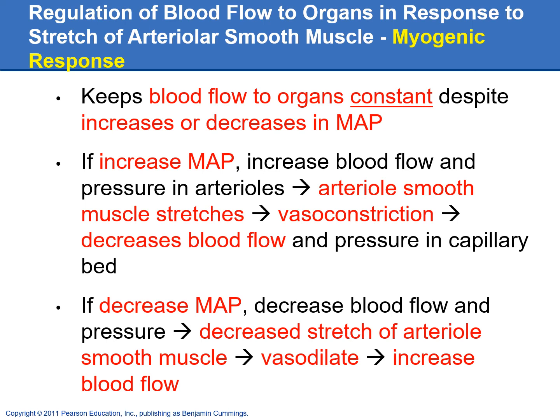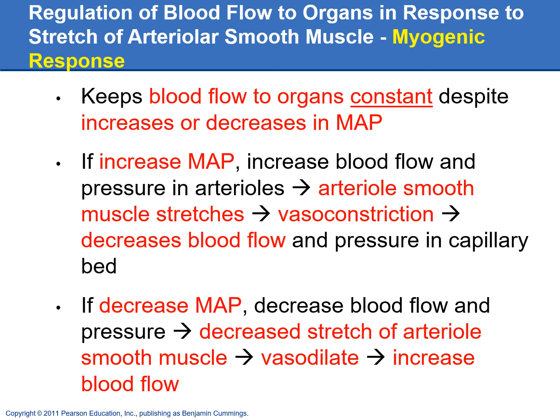Okay, and then another local factor that affects blood flow to the organ is called the myogenic response. So if you look at the word myogenic, myo is talking about muscle and gen means to produce. So our blood pressure does fluctuate during the day and depending on what we're doing, but most of the time we want to keep the blood flow to the organs constant.